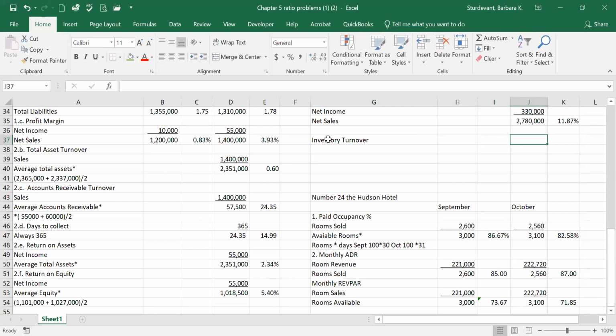So with inventory turnover, what number goes on the top? I guess we can't do that one. Never mind.